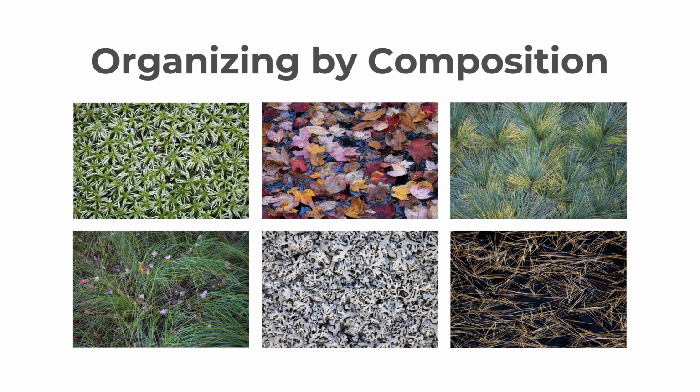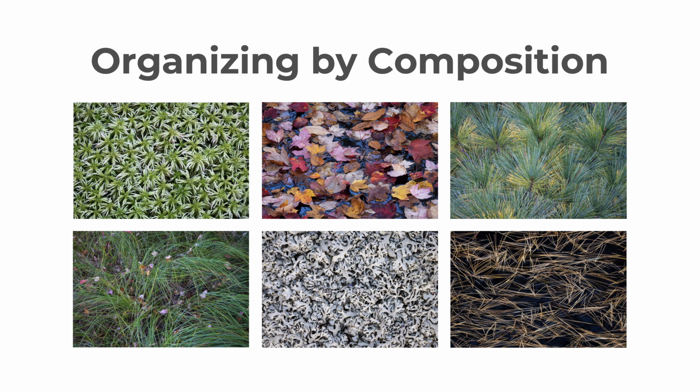Another example might be by composition. So in this particular case, these are all small scenes where the composition relies on repetitive elements. So we have a lot of repeating mosses or repeating leaves with droplets on them. The pine boughs are repeating in the same way, facing in the same orientation. The grasses, obviously lots of repeating lines with little leaves.